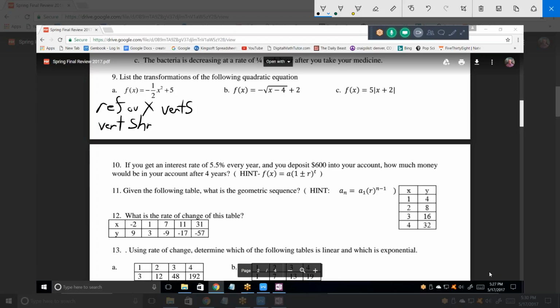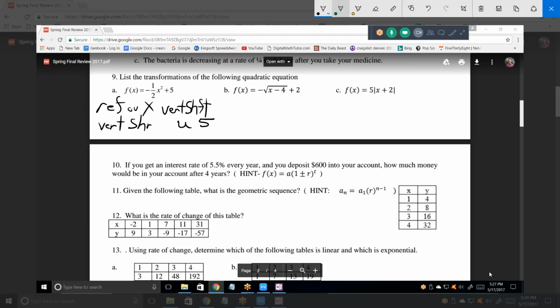Good. Now, you'll notice that you have to follow that with up 5, because vertical shifts can be up or down, and they can be by any amount. So you need all 4 of these lines to answer that question. We have 3 transformations for number A.